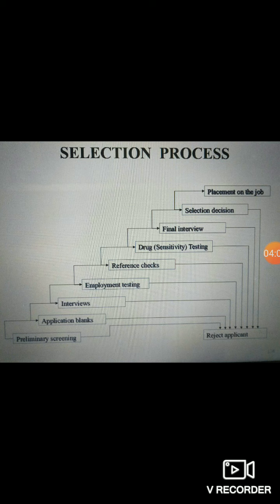Then the remaining 80% will go to the next stage, which is the application blank stage. This is the idea of getting the required data in full sufficiency to get them embedded with our infrastructure of information technology. For example, every organization has its own infrastructure in terms of information technology.